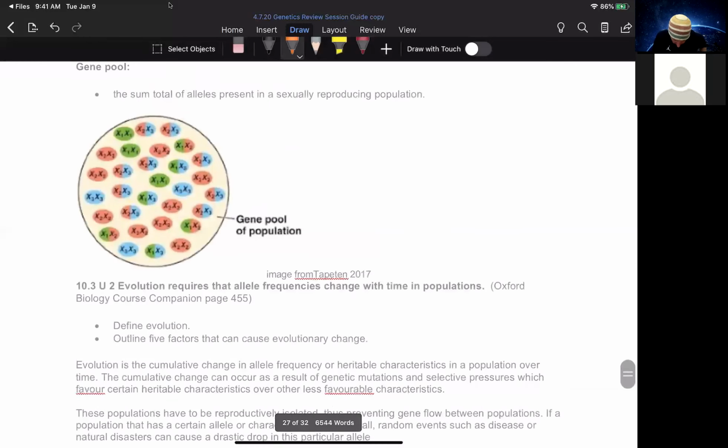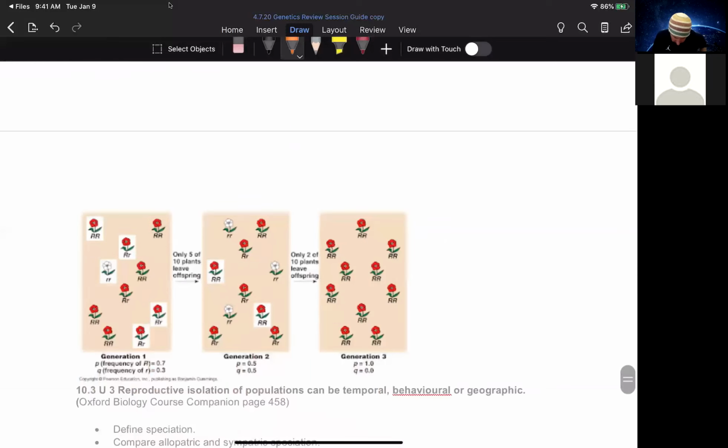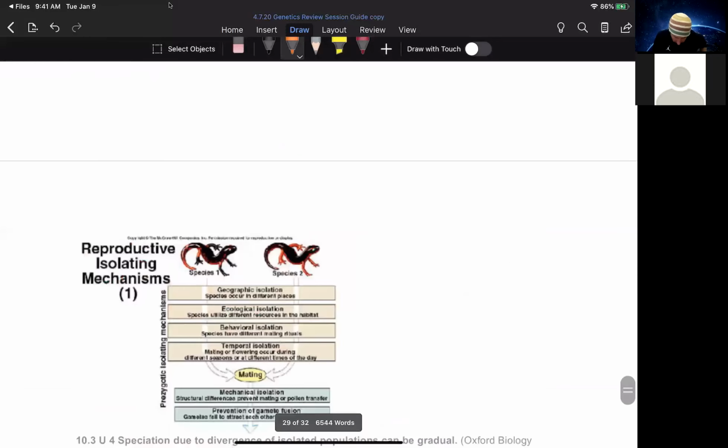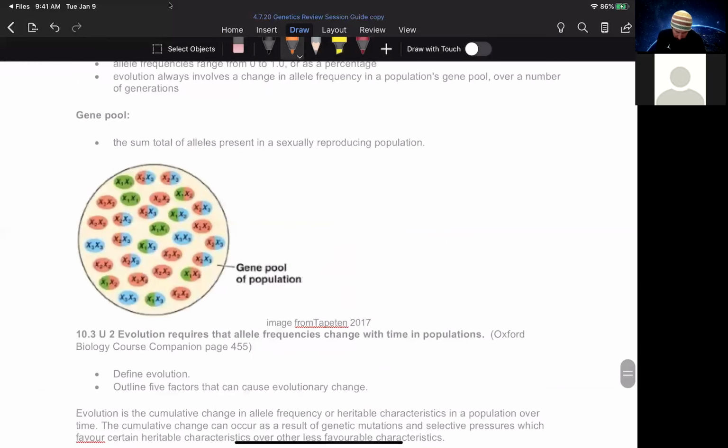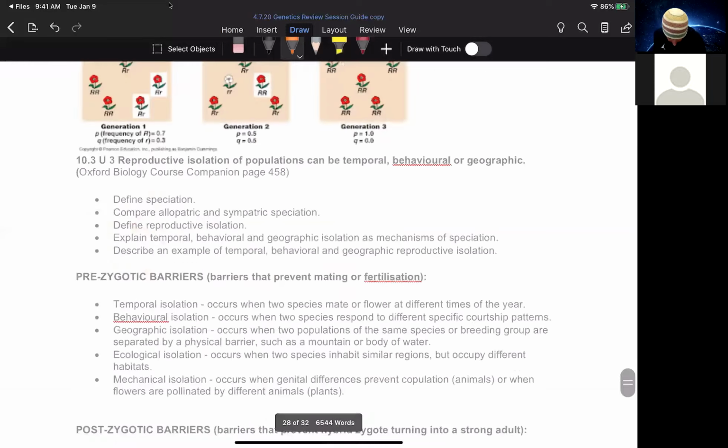And then at the very end of this review is the gene pool stuff, where ratios of alleles will change over time based upon different driving evolutionary factors. Okay. Yeah. So that's kind of what I prepared for the review.